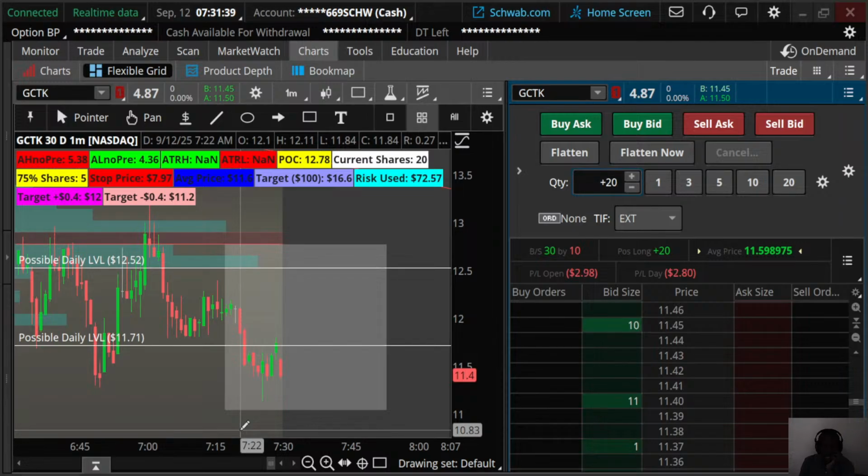Coming down to this little bottom. 45s, I just want to see 11.50s hold, and I'll add to this.